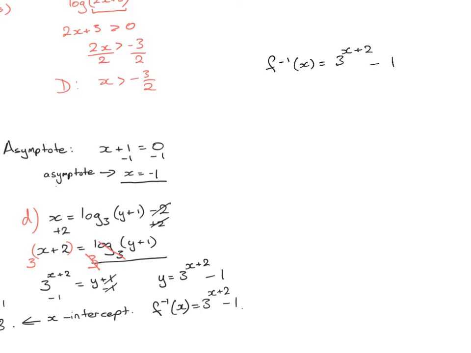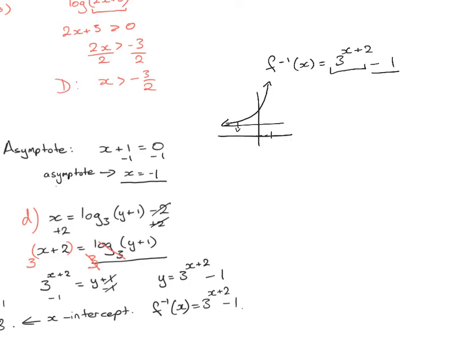Now, all inverses have asymptotes. If it was just 3 to the x plus 2, the asymptote would be the x-axis, because it would approach the x-axis like that. But because it's shifted down by 1, the asymptote will shift down to -1.